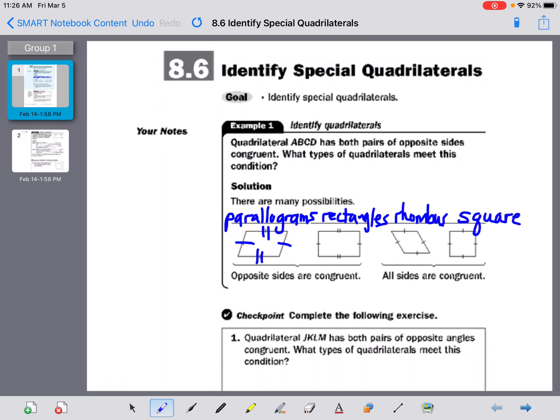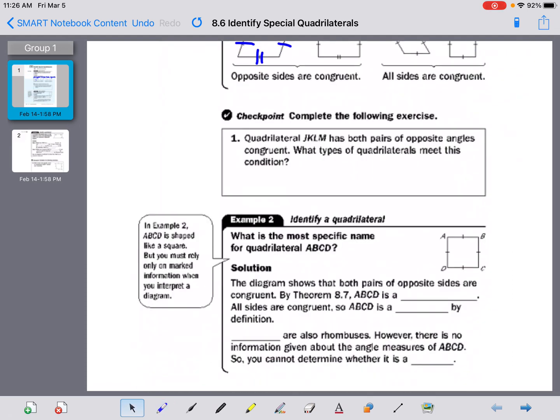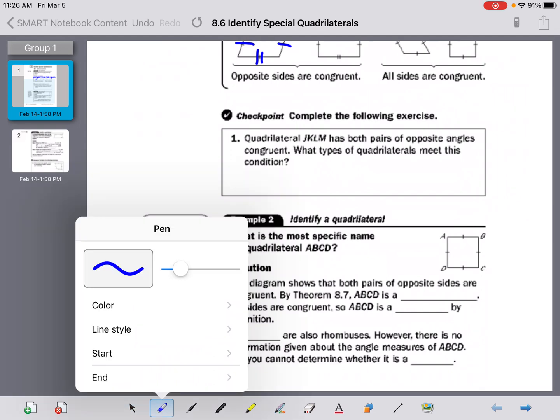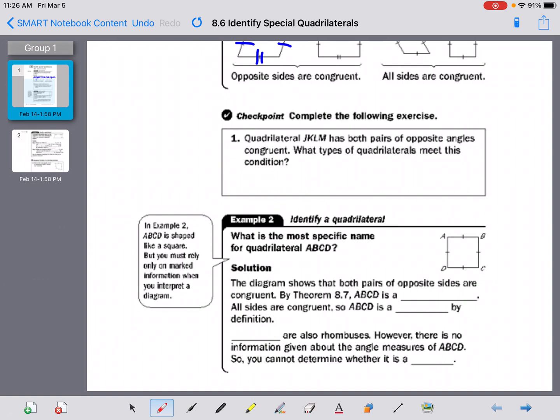So because we know that that's a rule for parallelograms, everything that's a parallelogram has that same property, okay? So all of those have opposite sides congruent. I know on a rhombus and square, all sides are congruent, but that also fits the rule of opposite sides are congruent.